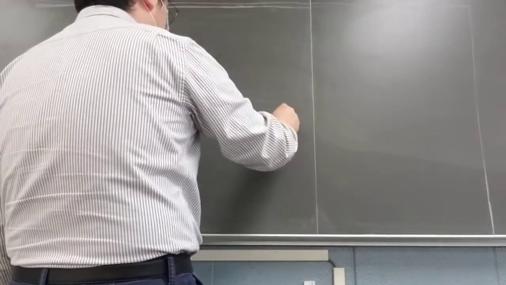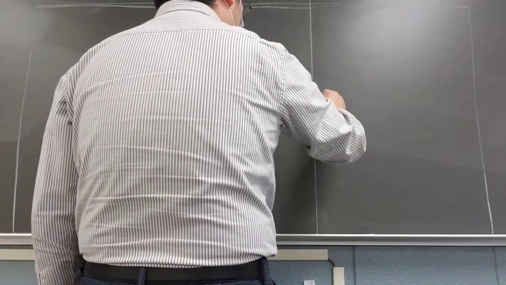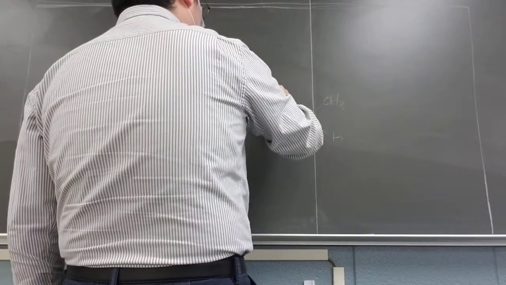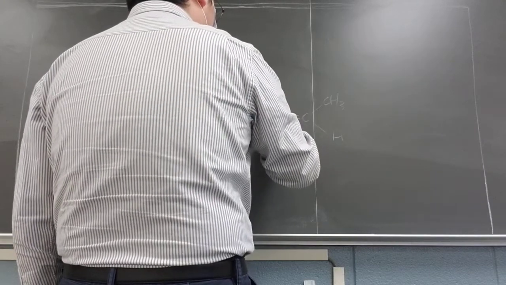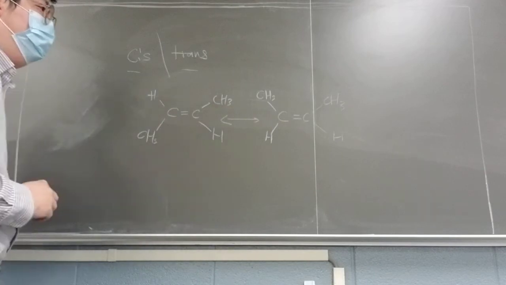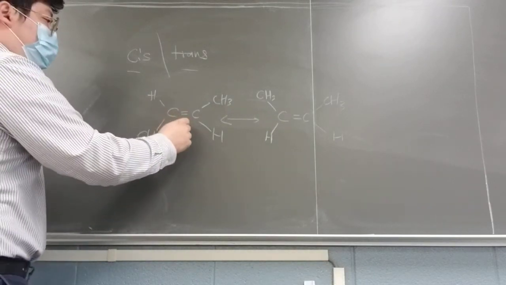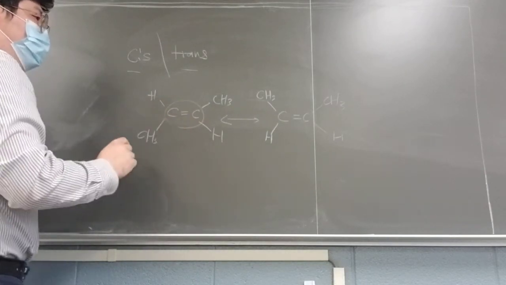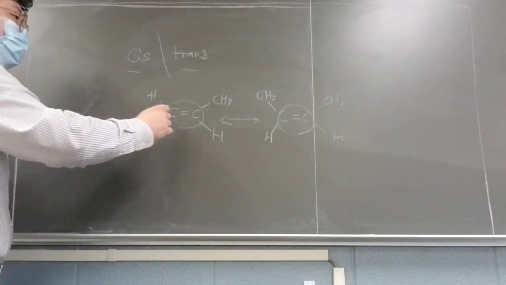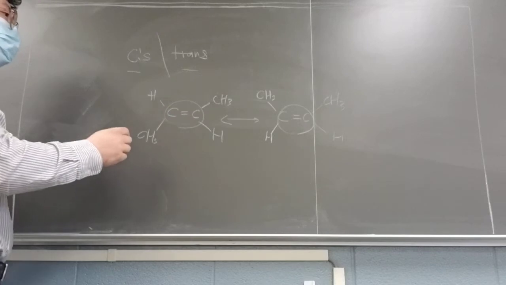Okay, we have this one. So those are different because you have a double bond in these two carbons here and here. As you know, it cannot be rotated because of the double bond between these two carbons.